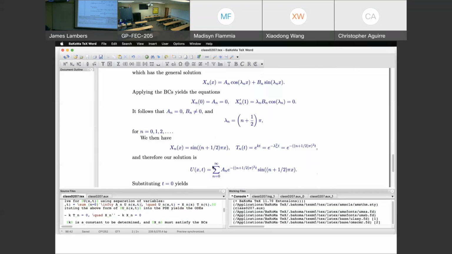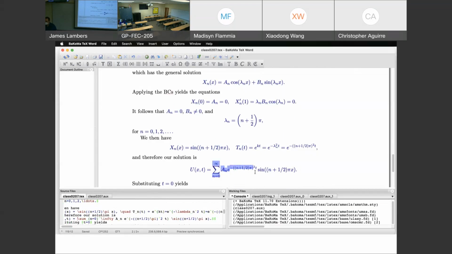So I have the sum of some constants that are still unknown times my capital T of t, my capital X of x. So this satisfies the PDE and satisfies the homogeneous boundary conditions. We still have to make it satisfy the initial condition.